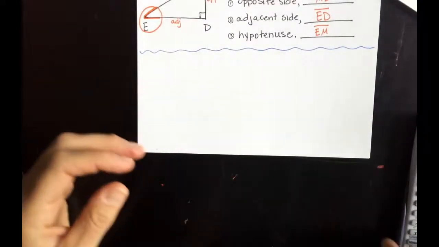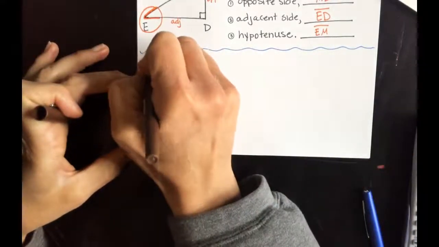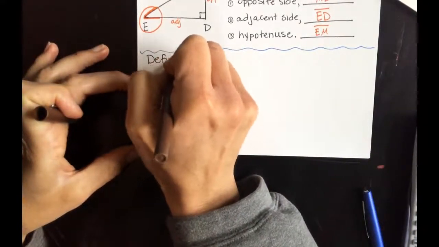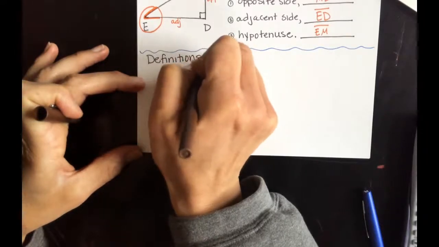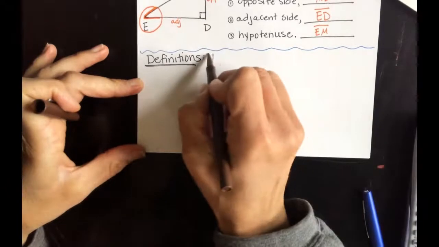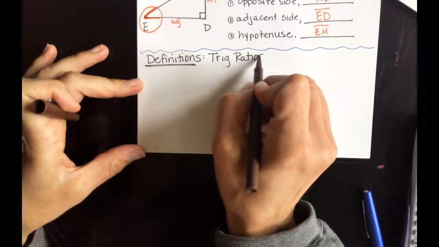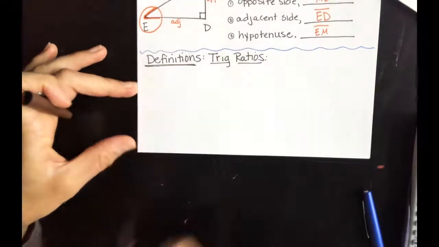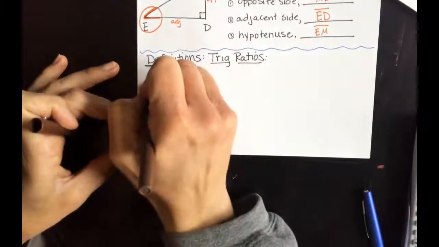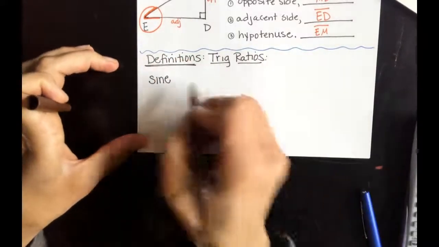So in order to even use our calculator, the first thing that we want to talk about is what our definitions are. And that's our trig ratios. So we do have sine, and that's it spelled out.